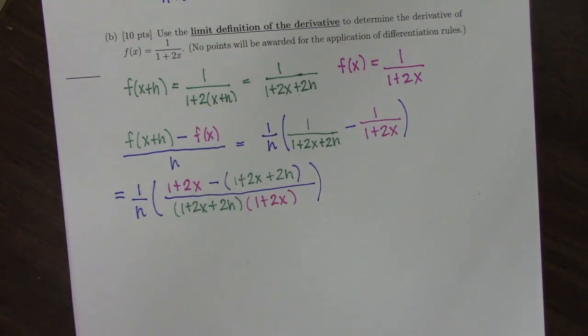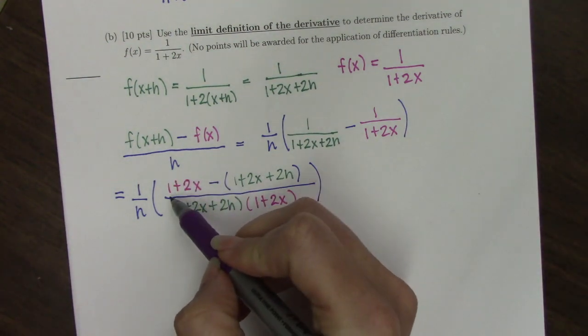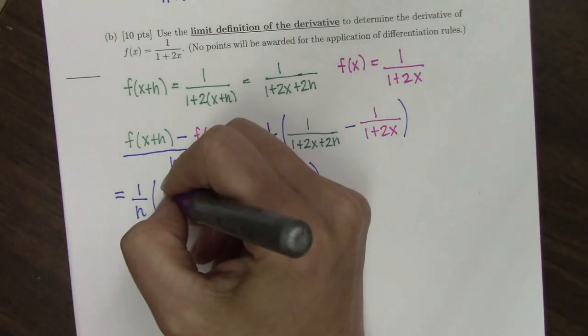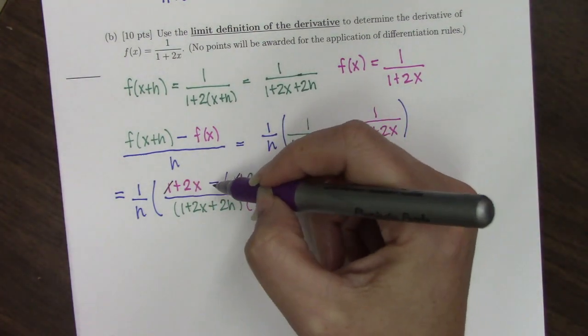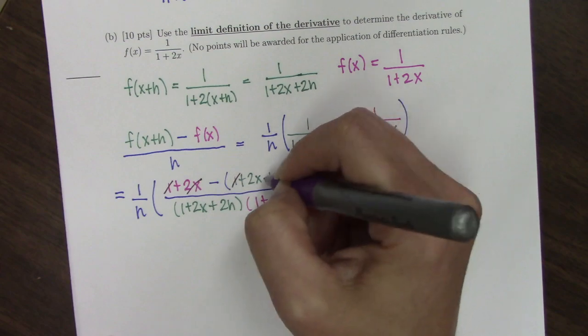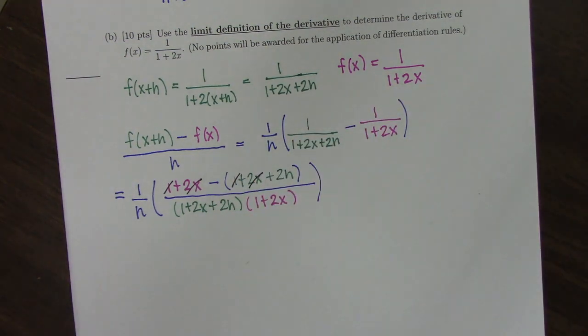If I look in the numerator, this 1 minus this 1 adds up to 0. This positive 2x minus this 2x adds up to 0.